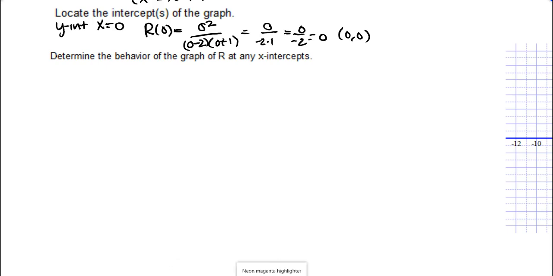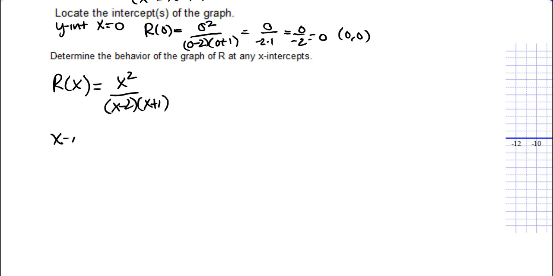So then we'll find the x-intercepts and also the behavior at those x-intercepts. So our function r of x equals x squared over x minus 2 times x plus 1. To find the x-intercept, we're going to let y equal 0. That's setting r of x equals 0.